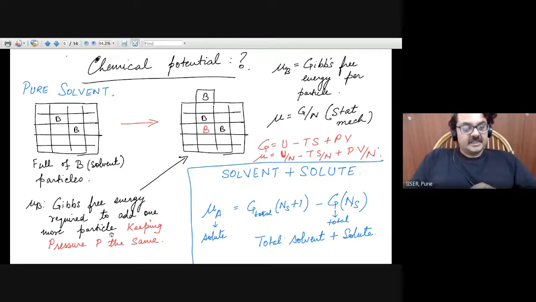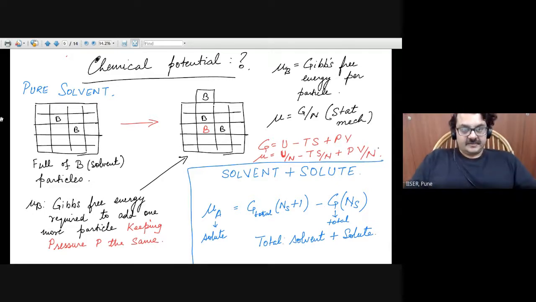And when you add one more particle, you have to keep the pressure the same, right? Because Gibbs free energy is defined in terms of pressure, number of particles and temperature, of course, right?